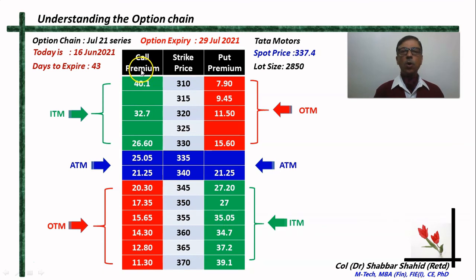You see, the call options are the choice of buying. So when you want to buy something at a price which is lesser than the market price, you have to pay a higher premium. And similarly, the put option is the choice of selling. So when you want to sell something at a price which is lesser than the market price, then obviously the premium will be less.